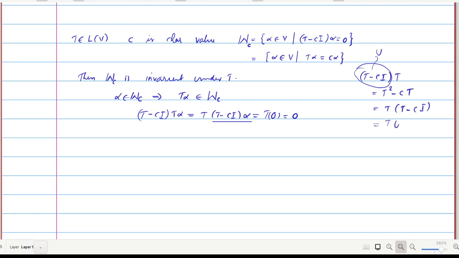So T and U commute. Then the null space of U, and also the range, that is, the range and null space of T minus CI, is also invariant under T. That means WC is invariant under T, that we have written here. So we use these ideas to get the characterization of diagonalizable linear operators.